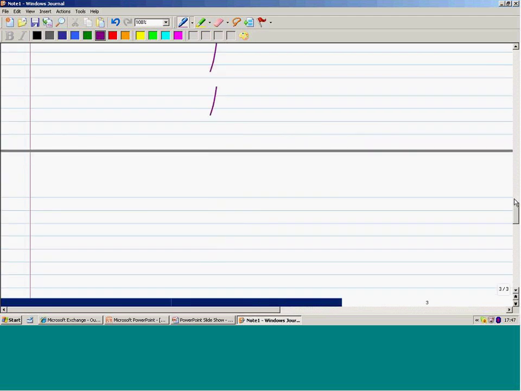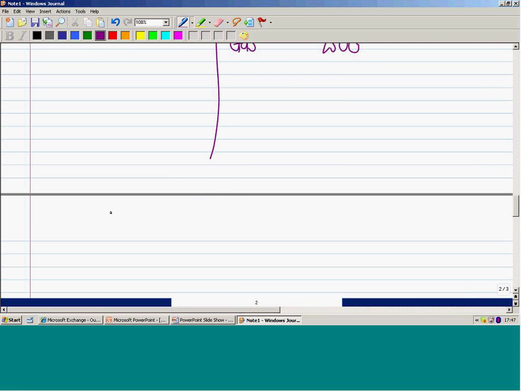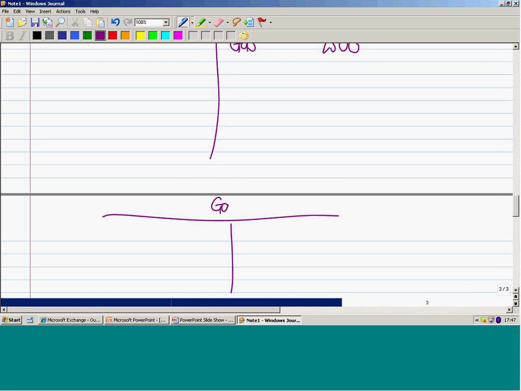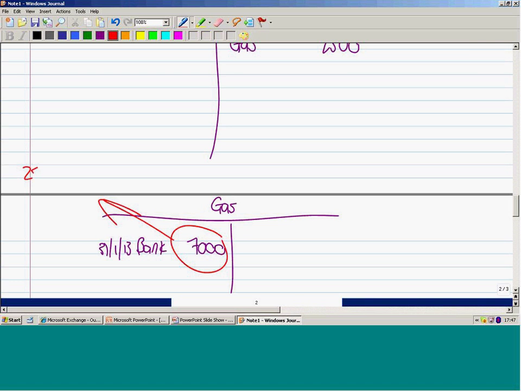So if I create another T account, which is my gas, then on the 31st of January we receive a gas bill and we pay it, and let's say we pay £7,000. That £7,000 actually includes the 2,500, which relates to the previous year.